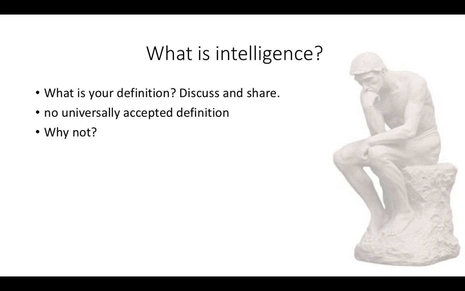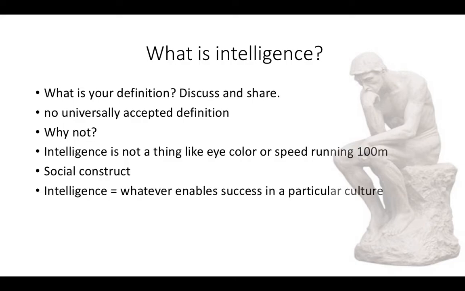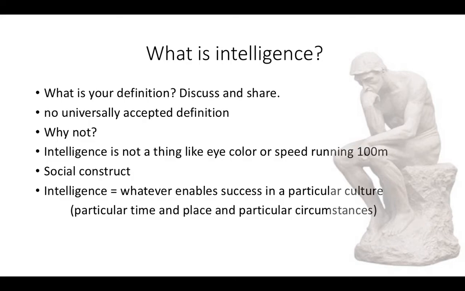So it's a thing that exists, but it is not tangible and concrete like eye color or how fast you are. It's a social construct. It is something that we have constructed, and at its core is just whatever enables success in a particular culture, particular time and place, and particular circumstances.